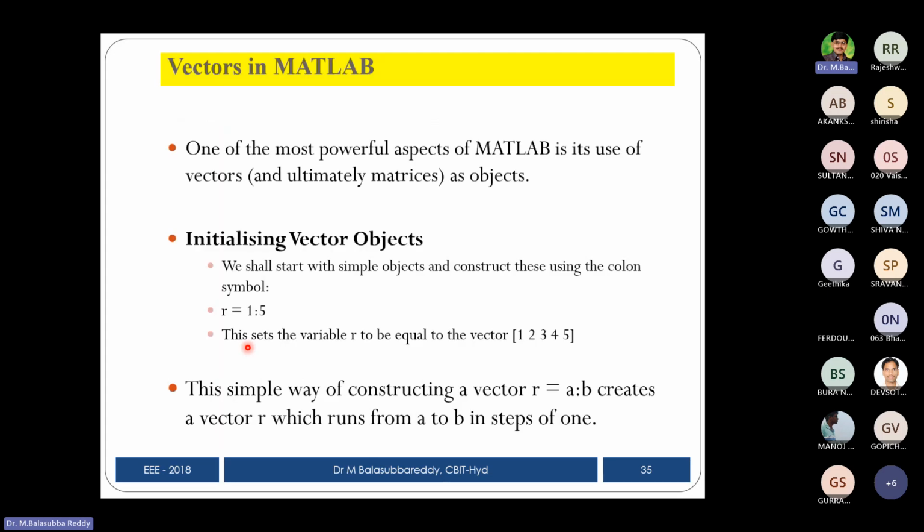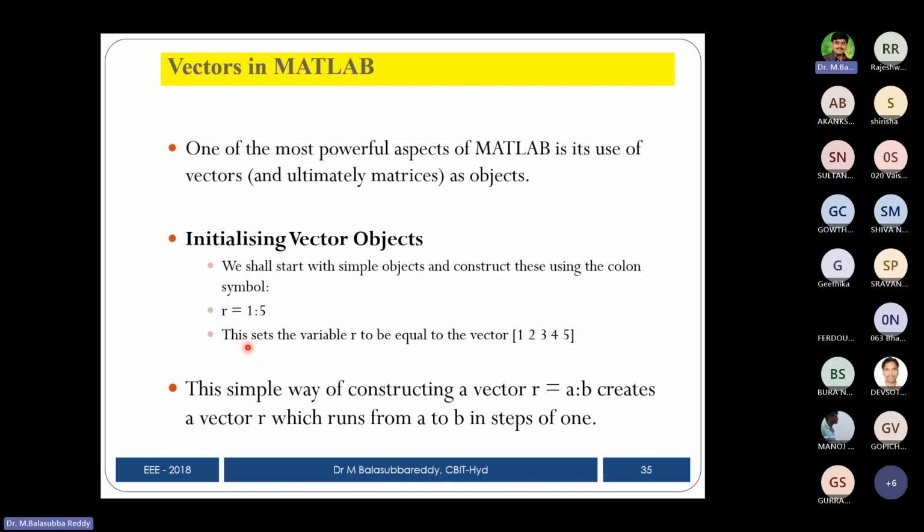And then vectors: how to handle a vector, how to create numbers in a vector, how to retrieve those numbers, we can see. For this, you can see vector R equals 1 colon 5. So here colon is like a for loop, we know, 1 to 3 or 4 to 5 or something.